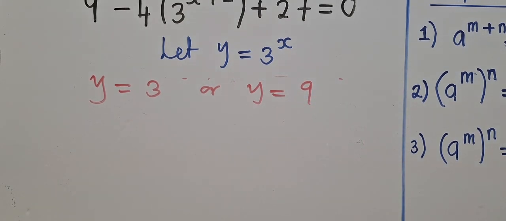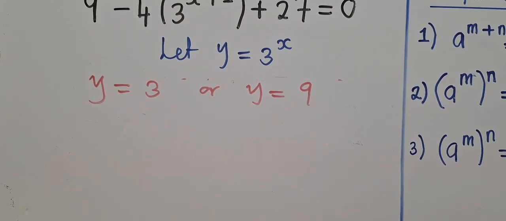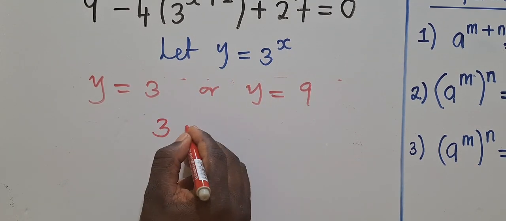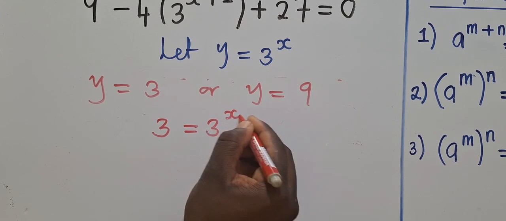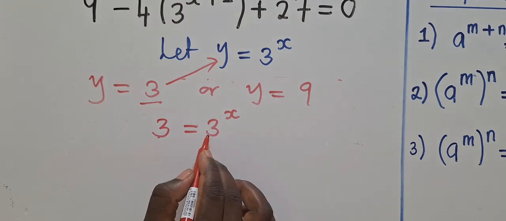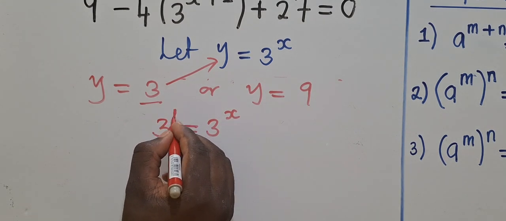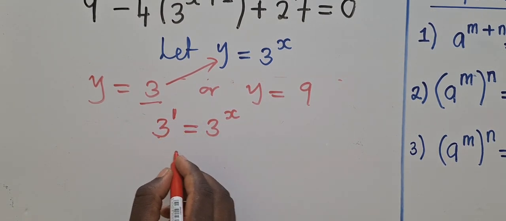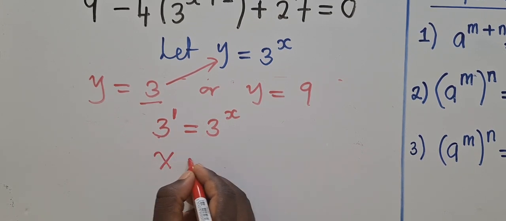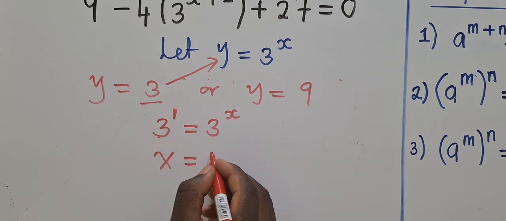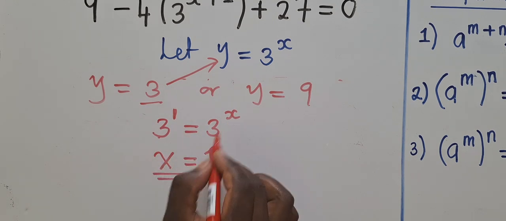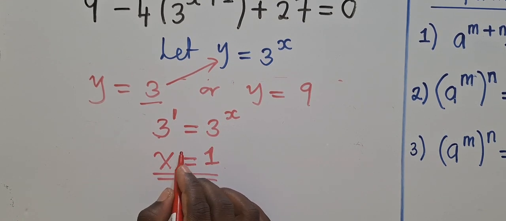But the question wants us to solve for x. So we shall say 3 is equal to 3 power x. This 3, you write it here. We know that there's a power 1 here, 3 power 1. And by the laws of indices, when the bases are the same, you equate the powers. So we shall say x is equal to 1 using the laws of indices.